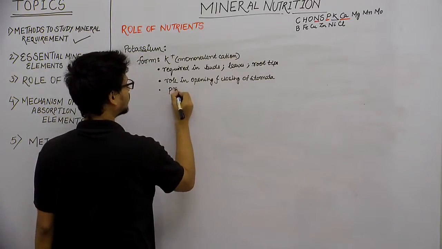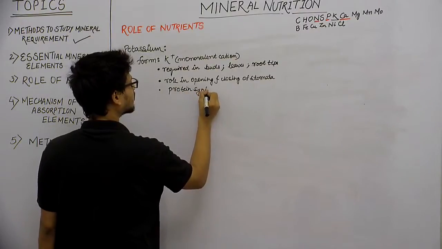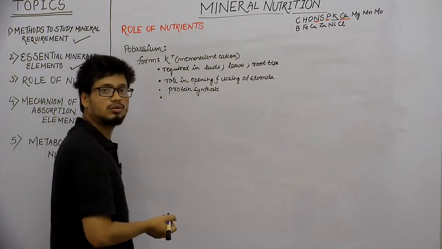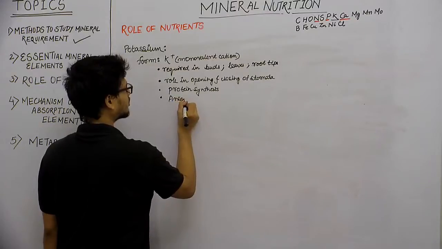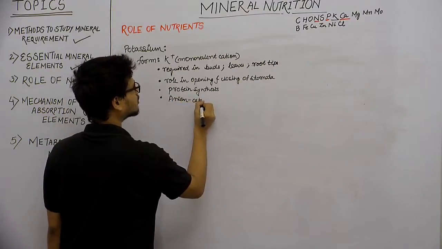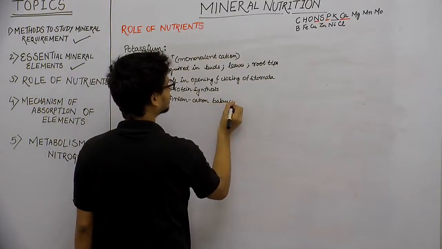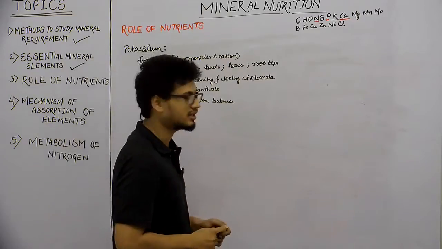It has also a role in protein synthesis. और इसका दूसरा रोल है एनायन कैटायन बैलेंस में, along with chloride ion. Chloride ion के बारे में हमने पहले ही डिस्कस करा था along with potassium.